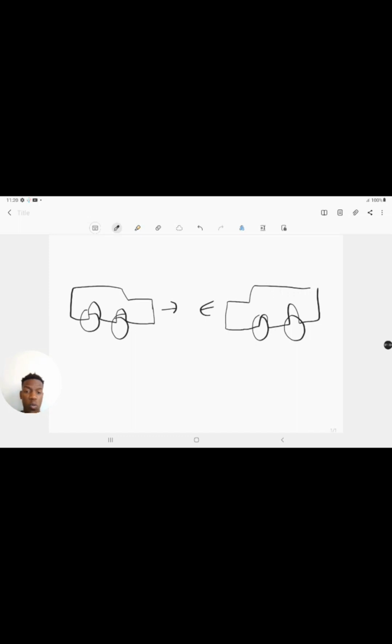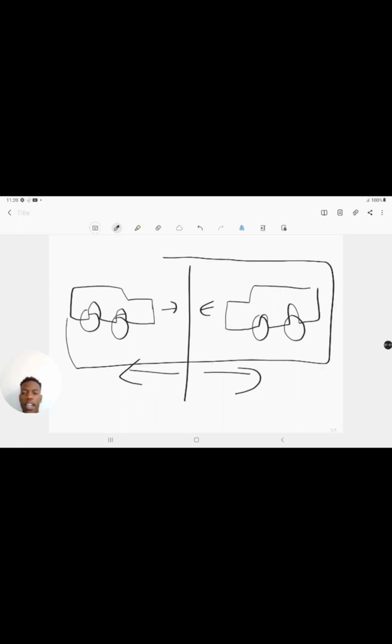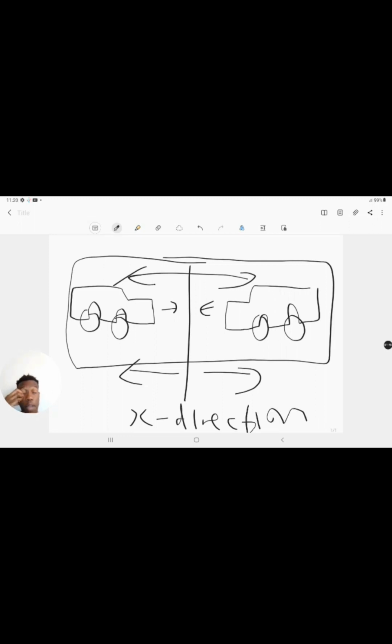Remember that when these two cars collide, they will continue moving either that way, or they will stop. But what I'm showing you here is 1 dimension, because we are only considering the horizontal direction, the x direction.